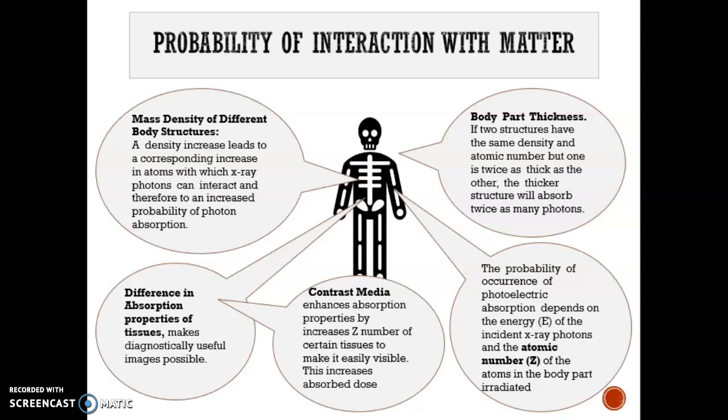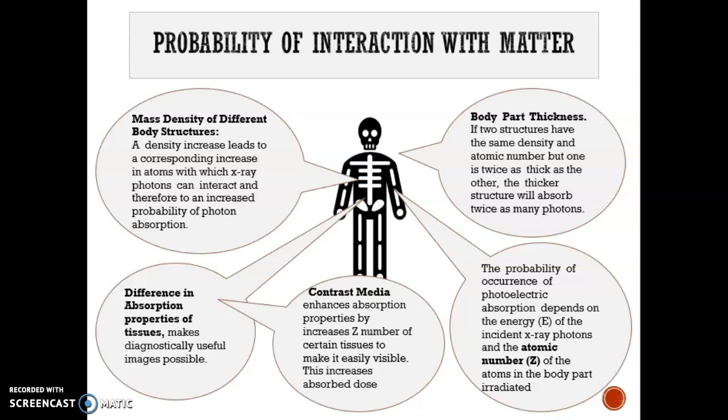The higher the atomic number of the tissue, the higher the probability of interaction with the matter. We know, for example, that air absorbs far fewer X-ray photons, and this permits more radiation to reach the image receptor, giving it that blackened appearance, right? Whereas bone is well demonstrated in diagnostic images, as it absorbs more photons and makes it easier to see on the X-ray image.